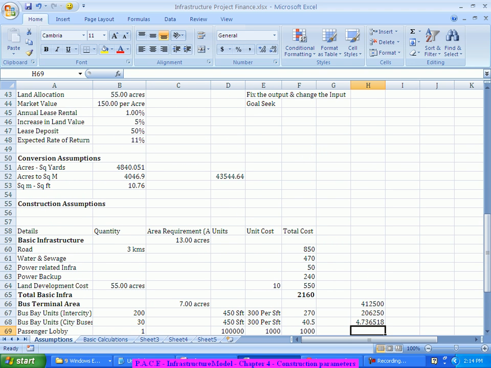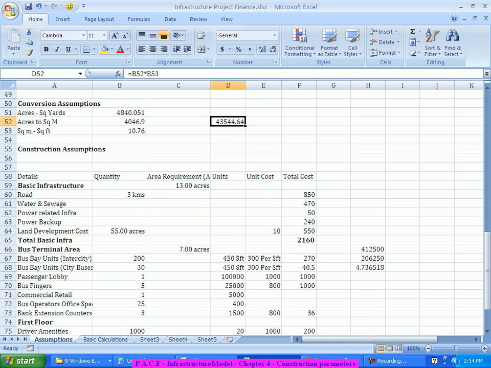These are directly taken. I want to convert the acres into square feet. Acres into square meters is this much, square meters into square feet is this much. When I multiply these two numbers, acre into square feet is getting converted: 1 acre is equal to these many square feet.